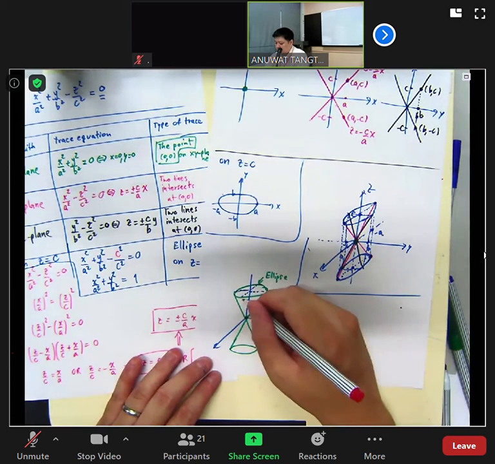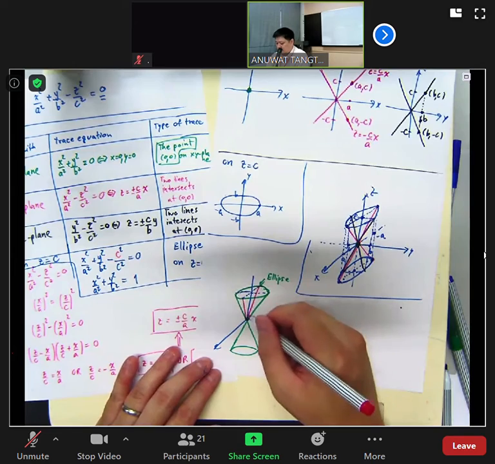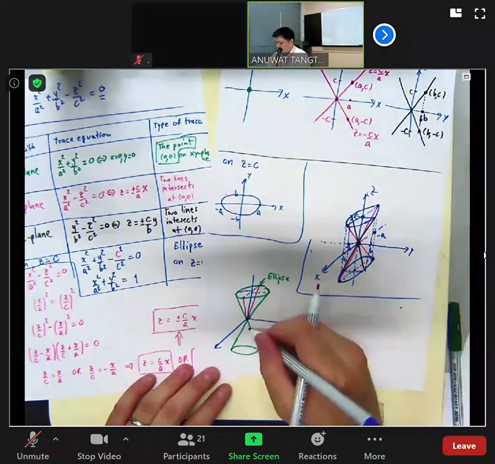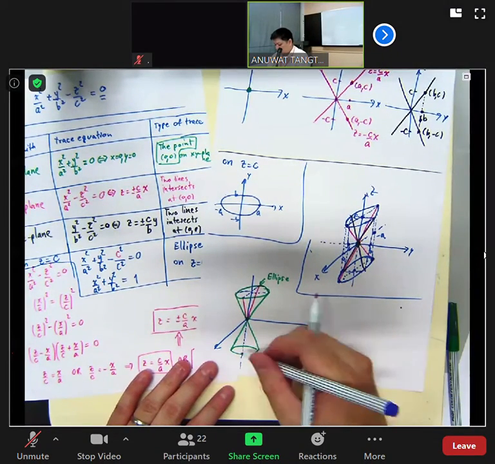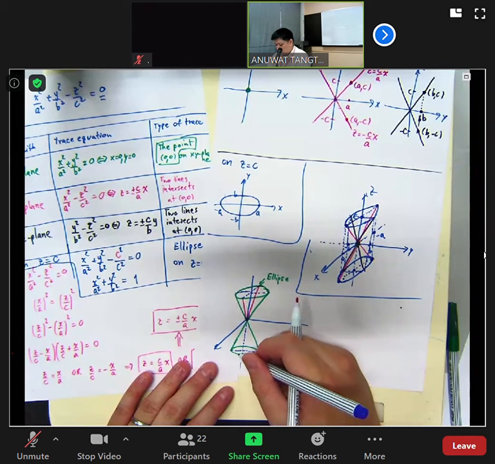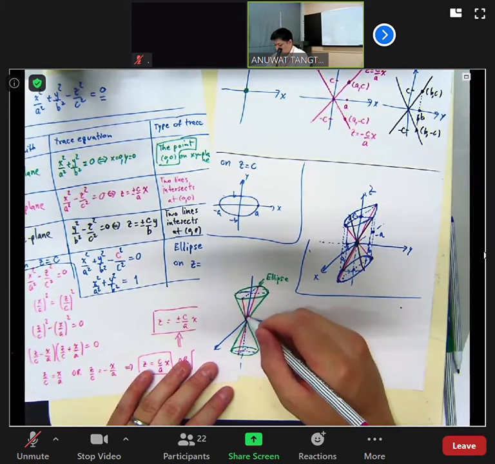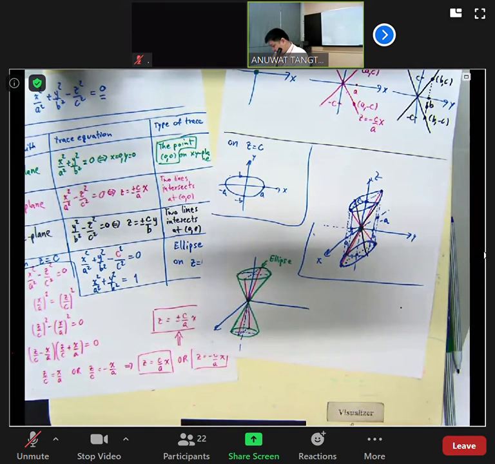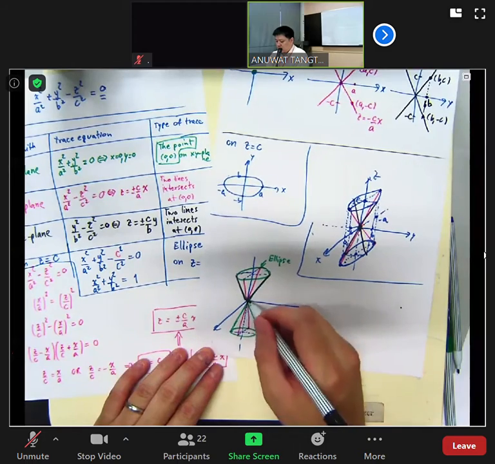So if we get the graph better here, this is the line on the XZ plane, and the black one can be this part on the YZ plane.